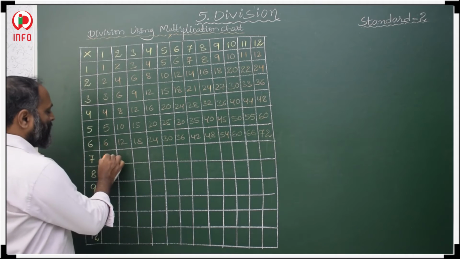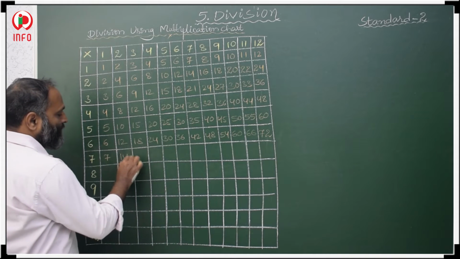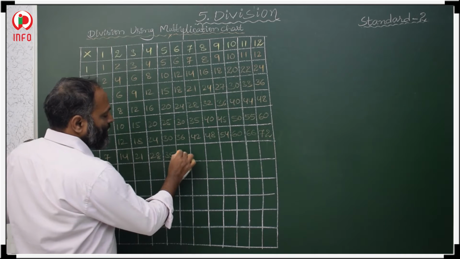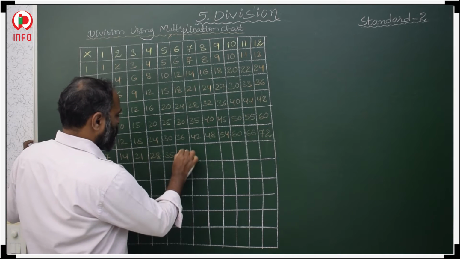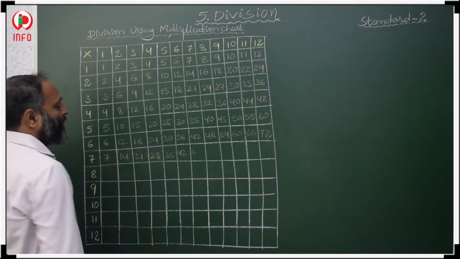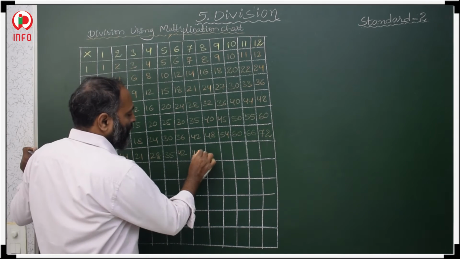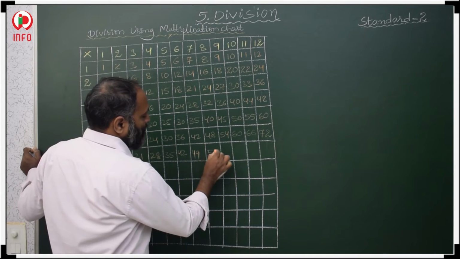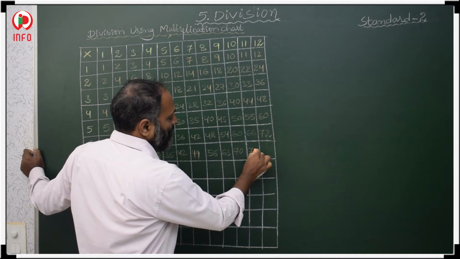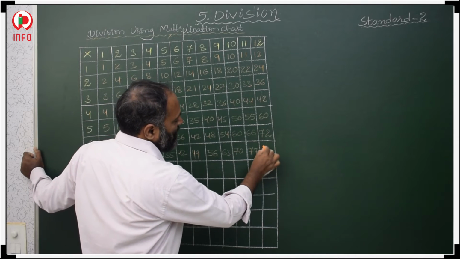Now 7 1s are 7, 7 2s are 14, 7 3s are 21, 7 4s are 28, 7 5s are 35, 7 6s are 42, 7 7s are 49, 7 8s are 56, 7 9s are 63, 7 10s are 70, 7 11s are 77, 7 12s are 84.